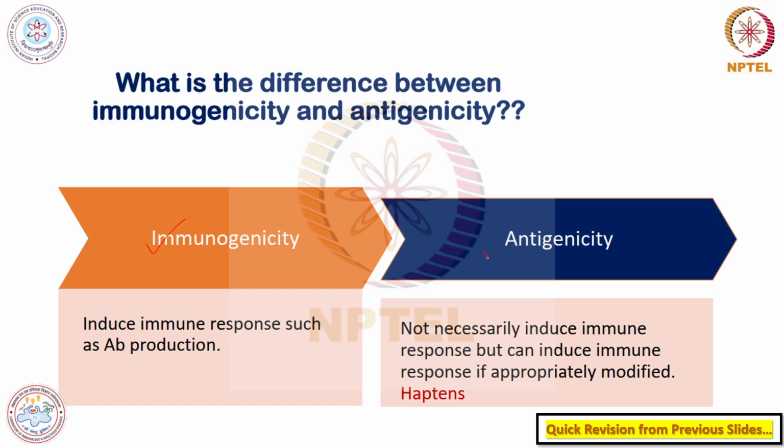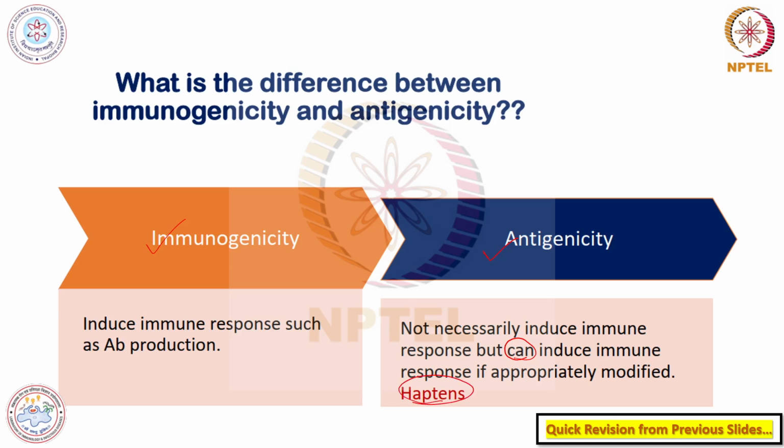Whereas antigenicity is the ability of a substance to be recognized by the immune system, but it may or may not induce an immune response. It is not necessary, but it can induce an immune response if it is appropriately modified.